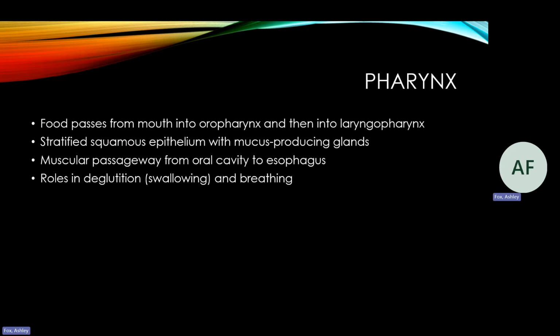So food passes from the mouth, or the oral cavity, into the oral pharynx. Remember, the oral pharynx is the area of the pharynx that's posterior to the oral cavity. And then it travels into the laryngopharynx, which is posterior to the open epiglottis. The pharynx is still going to be stratified squamous epithelium, and you still are producing mucus because you want things to slide through here.